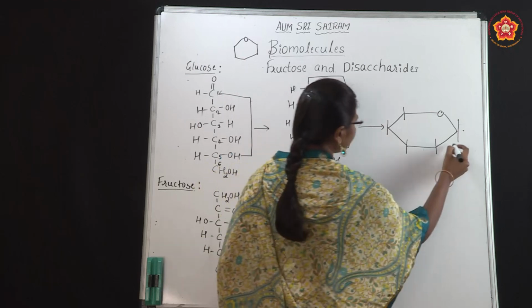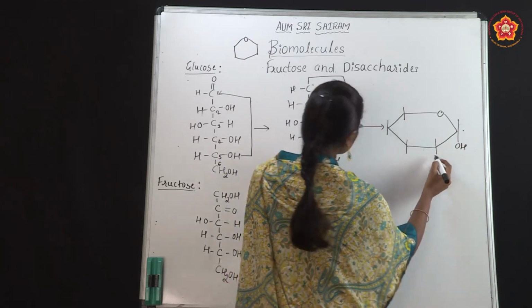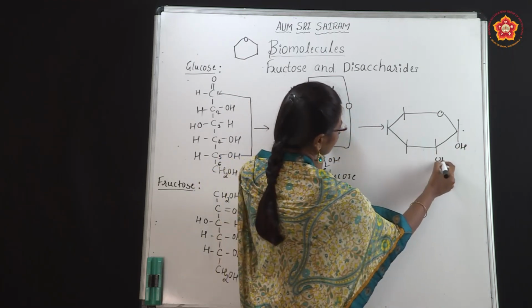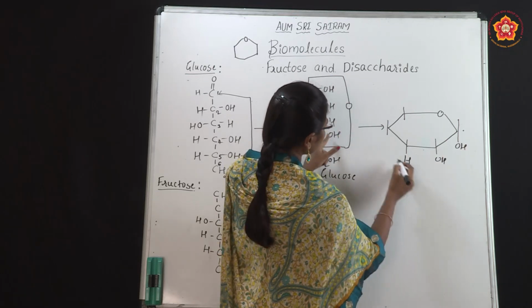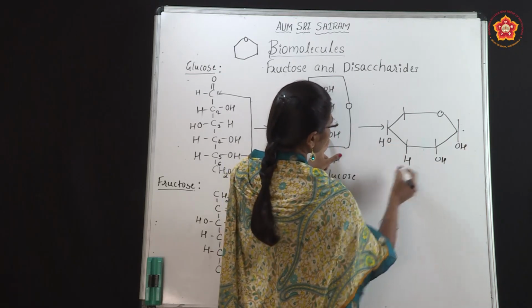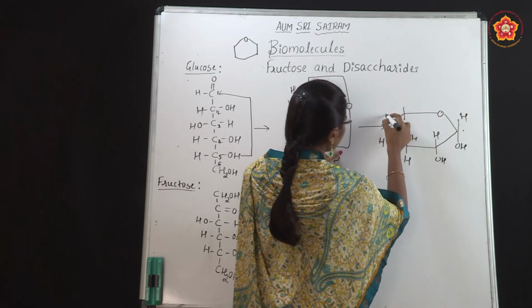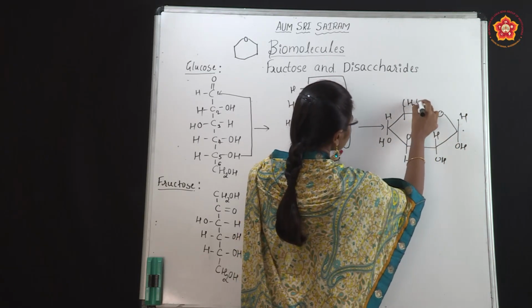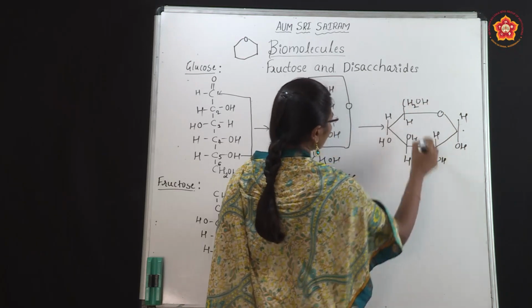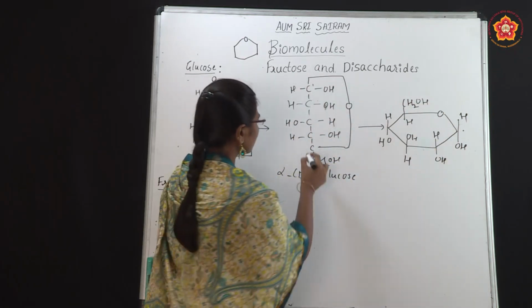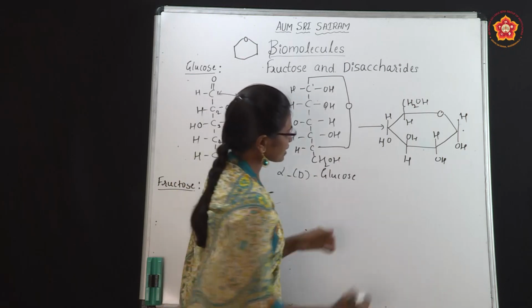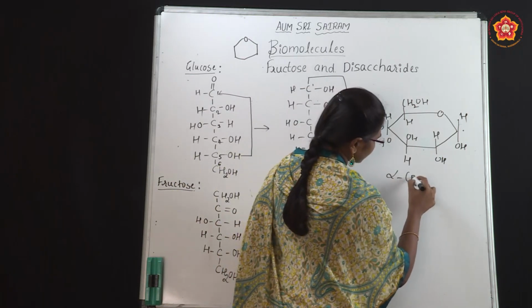So now you write this OH and the next OH and next H and here OH, alternating, and CH2OH is always projected above the plane of the paper. This is the alpha form, alpha D glucose.